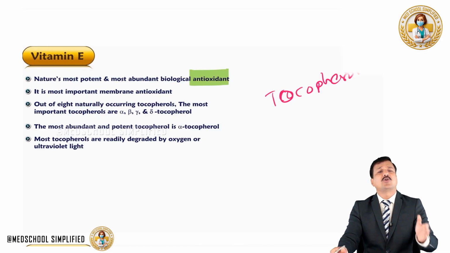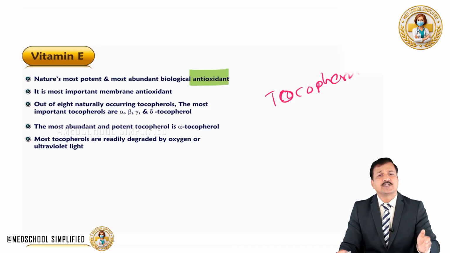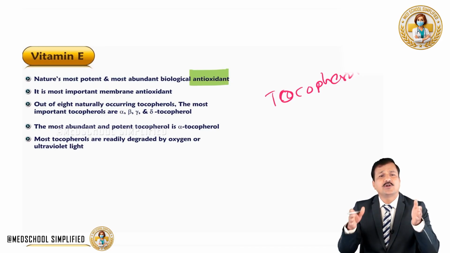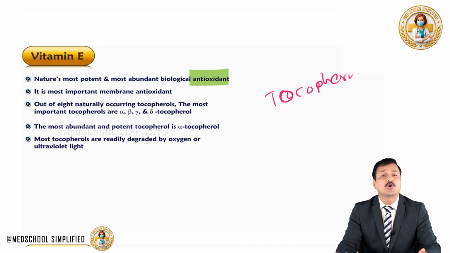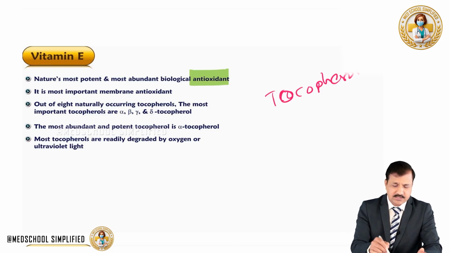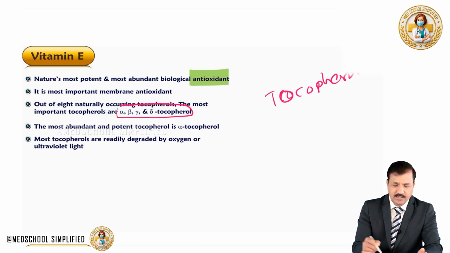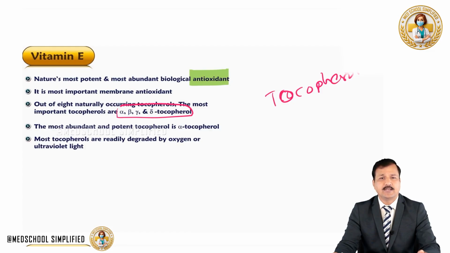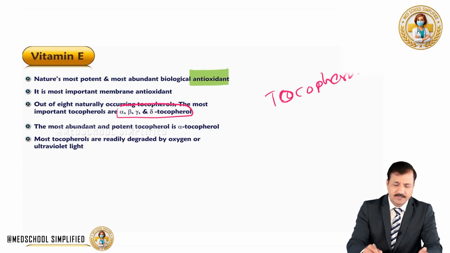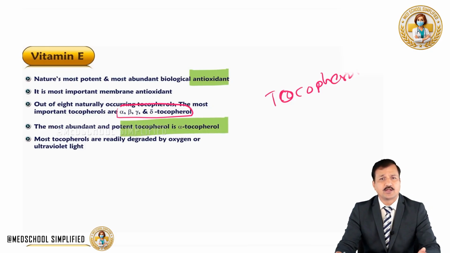Now let's see how many types of vitamin E are present in nature. Around 8 naturally occurring tocopherols are there. The most important are α-tocopherol, β-tocopherol, gamma-tocopherol and delta-tocopherol. Out of these 4 important tocopherols, the most potent is α-tocopherol.